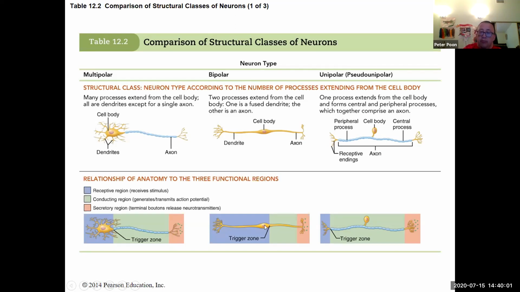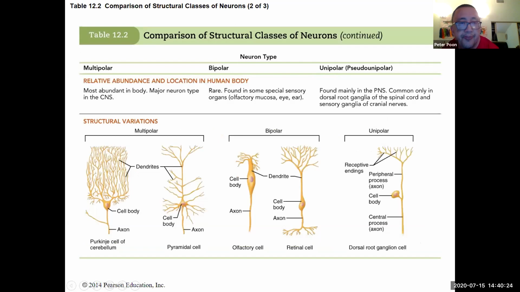These are bipolar, so two. And here more than two, multipolar. All of these have one axon. This one technically has one dendrite, and this one has one axon and many, many dendrites. Here you see how they actually differ.